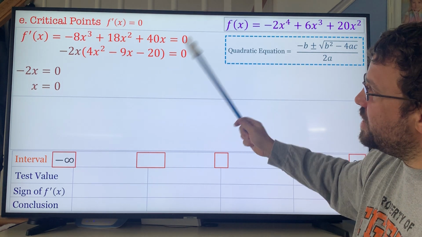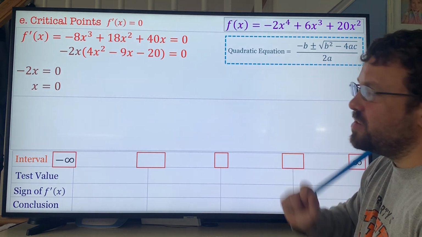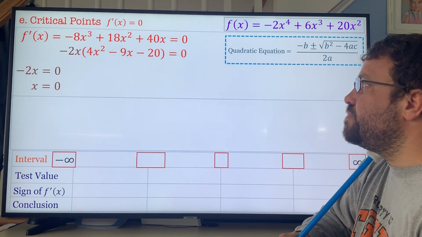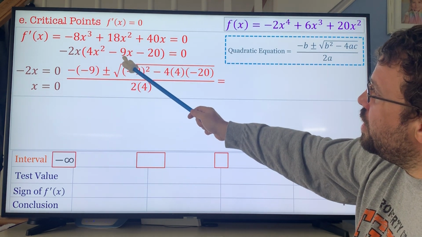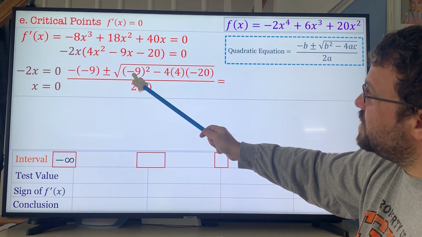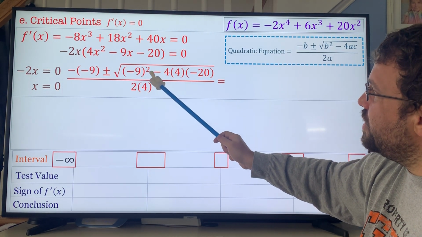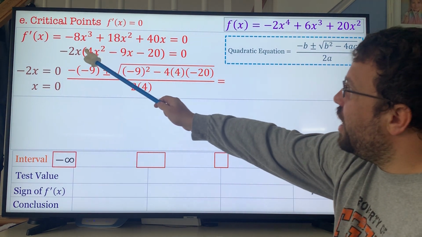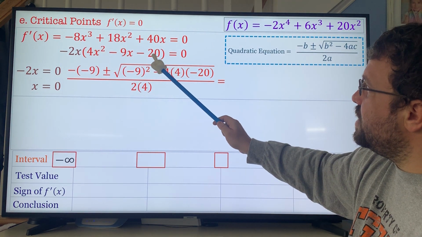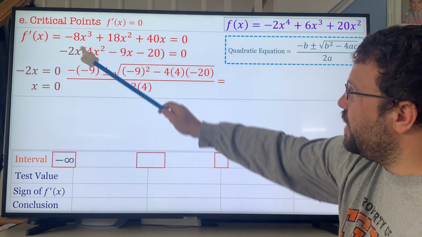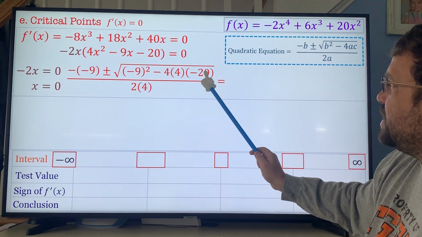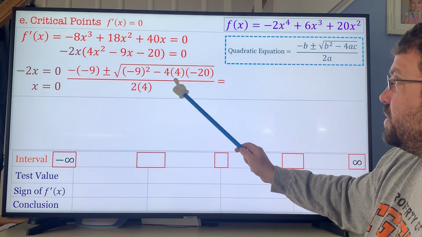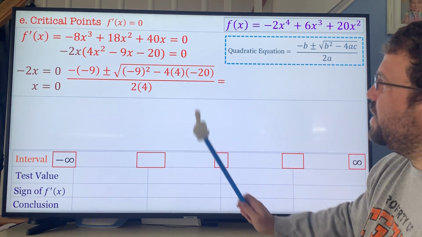In order to factor this, I'd use the quadratic equation, unfortunately. Negative b plus or minus the square root of b squared, should be 81, minus 4ac over 2a. All right, this becomes 9 plus or minus the square root of 81 plus 80 times 4, 320, I think, over 8.